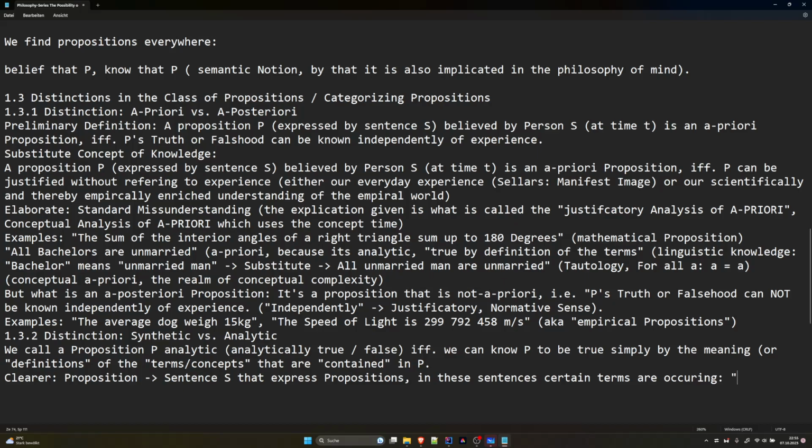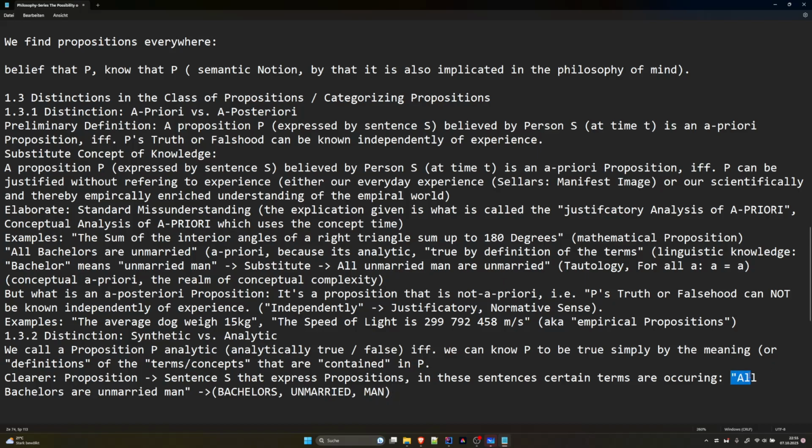In our case, let's say, for example, all bachelors are unmarried men. A very interesting, uninteresting, I mean boring standard example, but bear with me. The terms simply are, we have bachelors, we have unmarried, we have men, and then we have a certain logical structure.